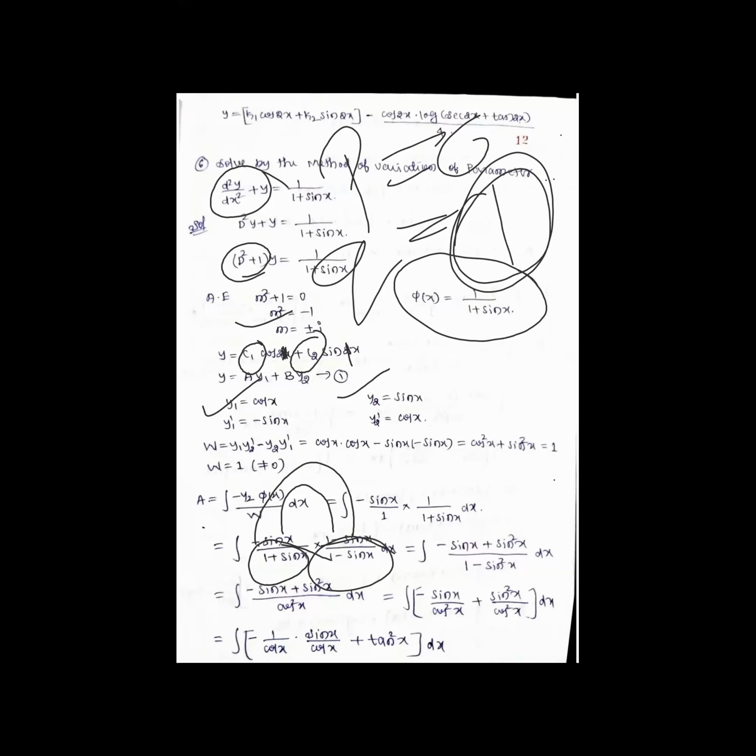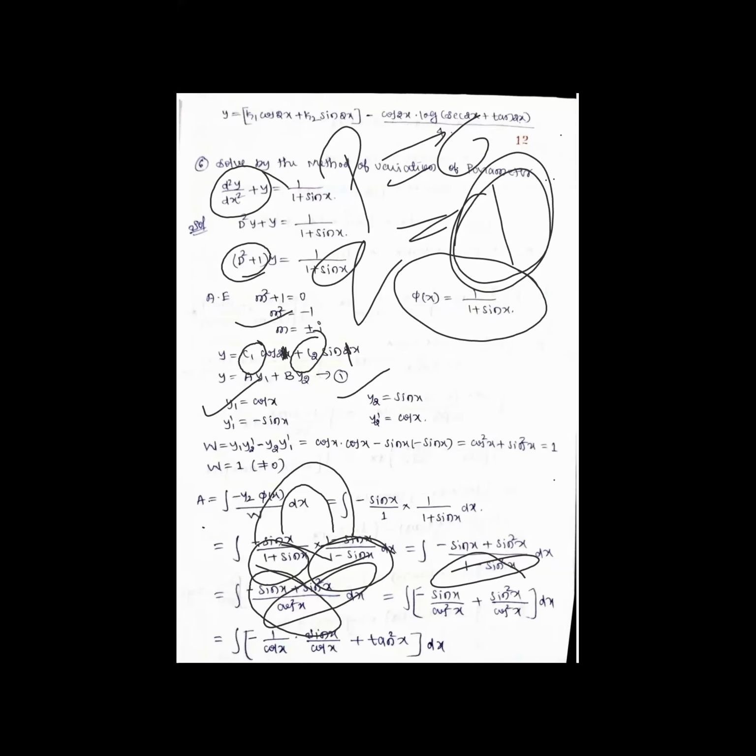Minus sin x plus sin square x divided by 1 minus sin square x, which will be cos square x. See the denominator, this is cos square x. So what I will do, minus sin x divided by cos square x, sin square x divided by cos square x, I'll separate it.